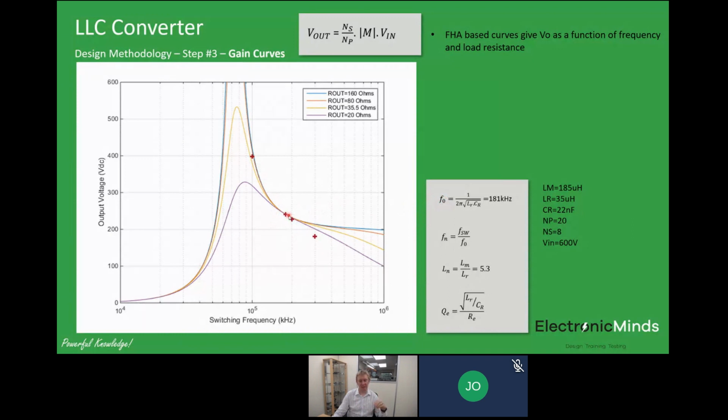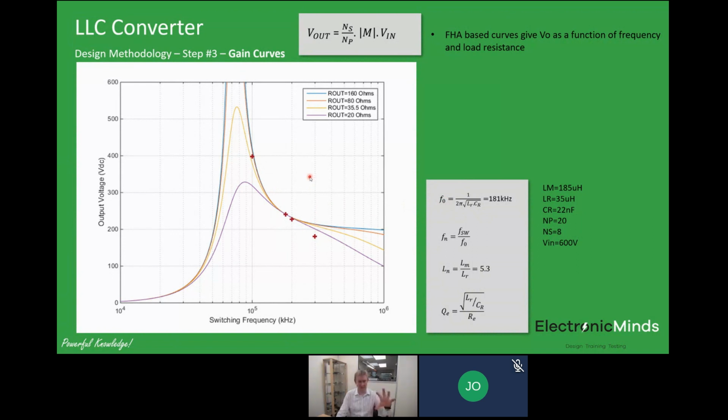They're almost identical. As we go below resonance, the FHA model tends to underpredict the output voltage. And as we go above the series resonant frequency, the FHA model gives us a higher voltage than we would get in practice. Now, this is one of those rare situations where actually that's quite helpful.